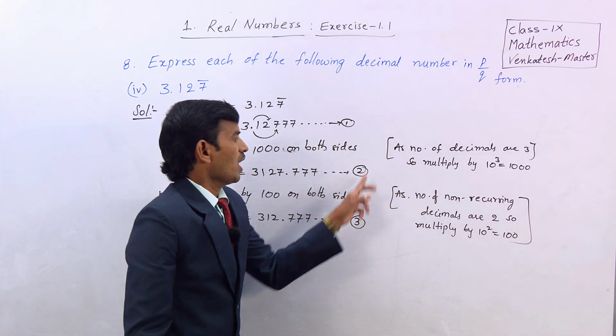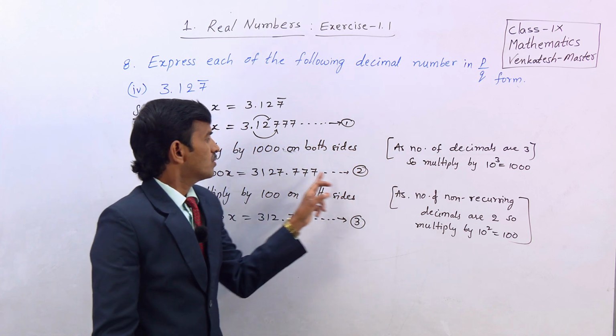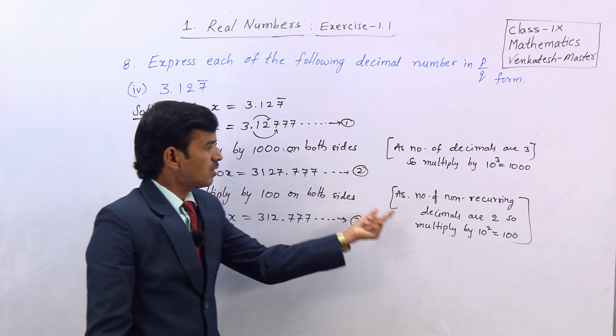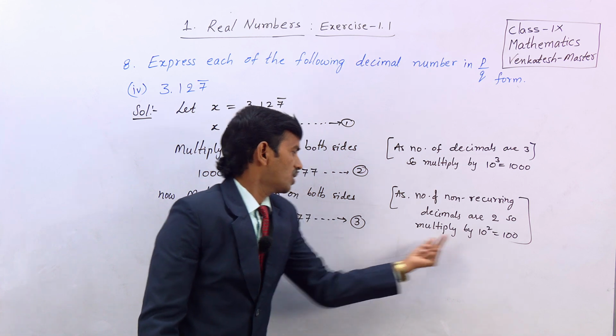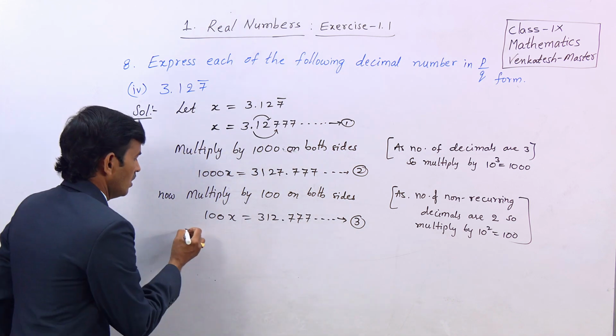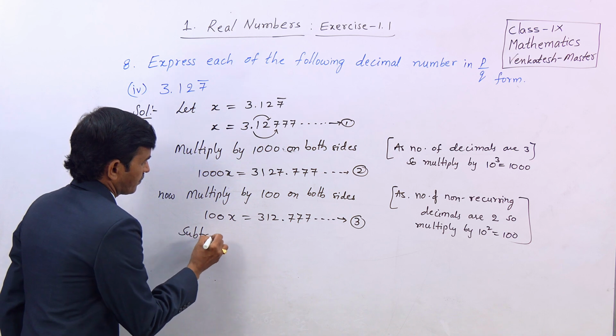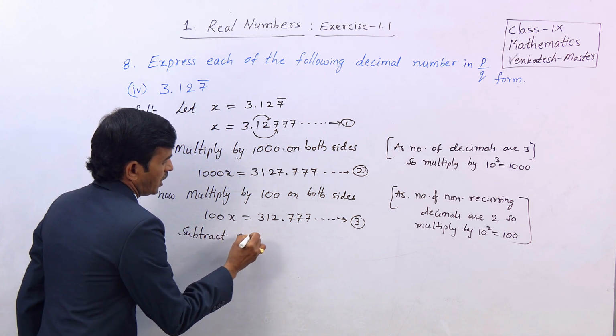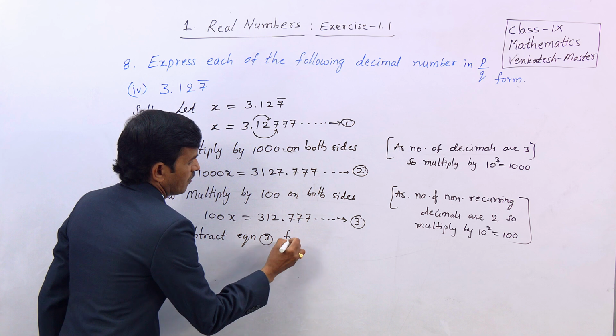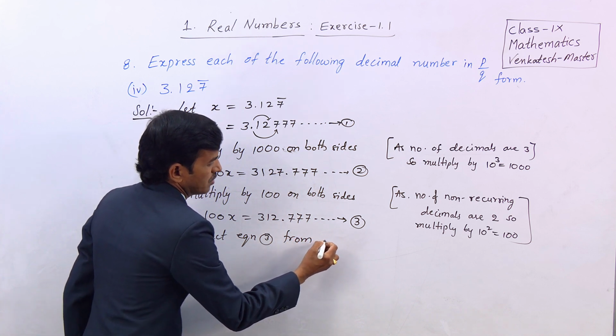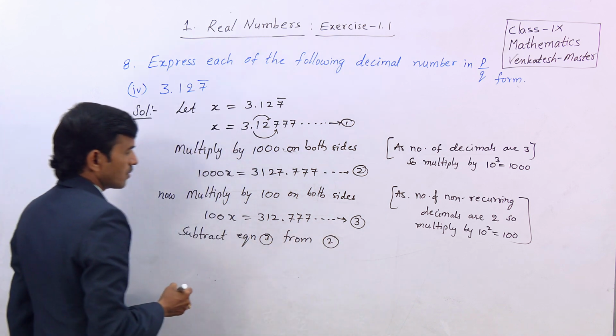Okay, so as we multiply by 10 cube, nothing but 1000, we got equation number 2. When we multiply by 10 square, nothing but 100, we got equation number 3. Subtract equation 3 from equation 2.